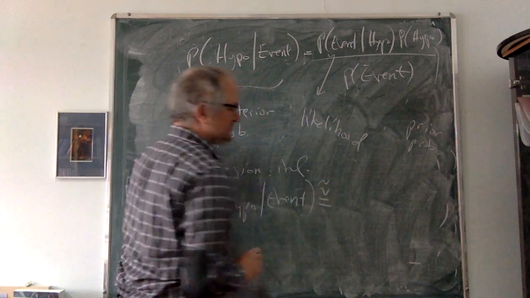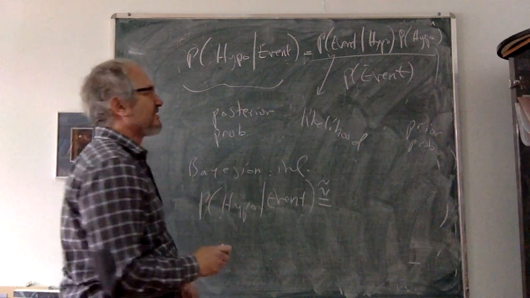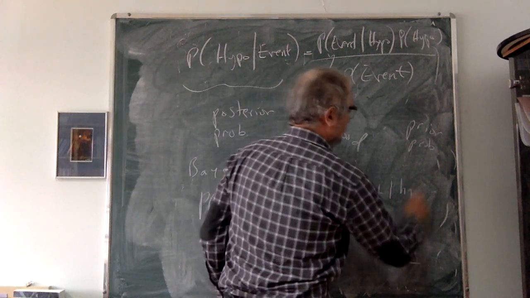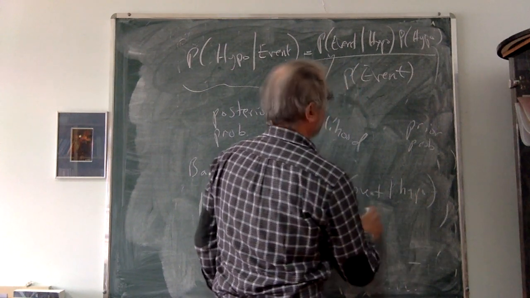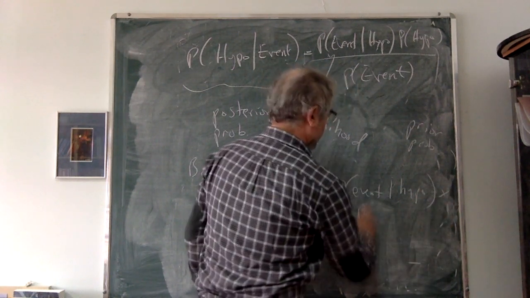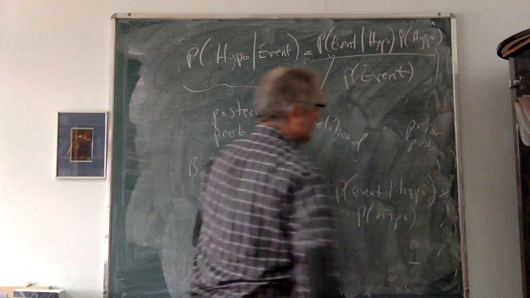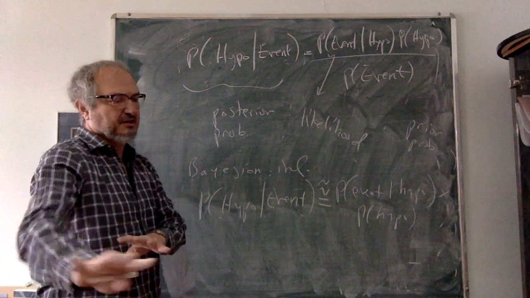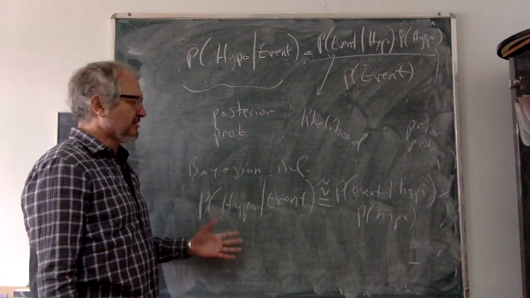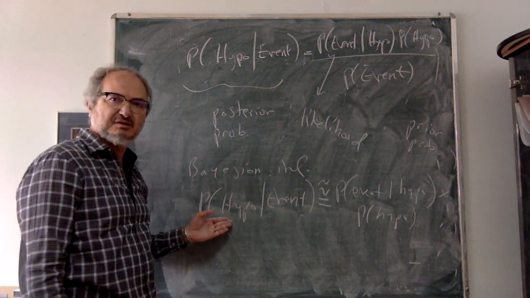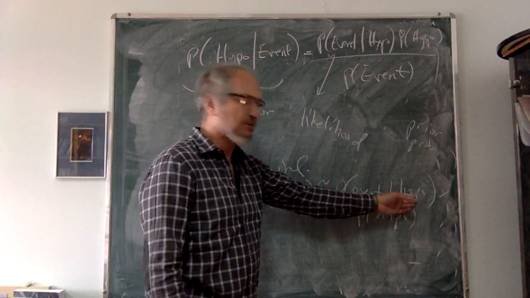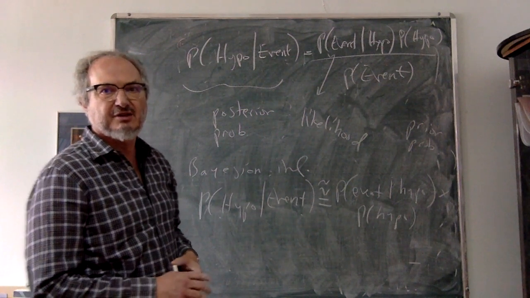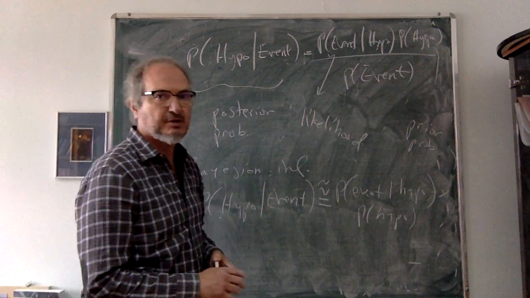I shouldn't write this as an equality, so more or less like probability of an event given hypotheses times probability of hypothesis. In other words, you're left alone, disregarding all possible outcomes of the event. You're left alone with the event and how it affects your hypotheses, and how the hypothesis makes your event look more or less likely. That's usually the modeling. Okay.